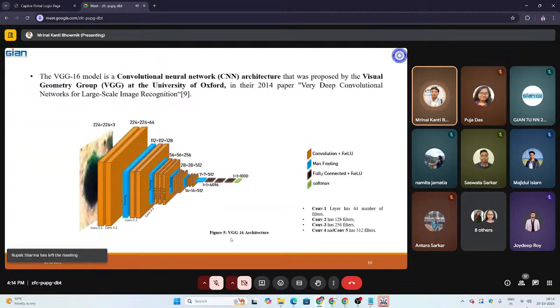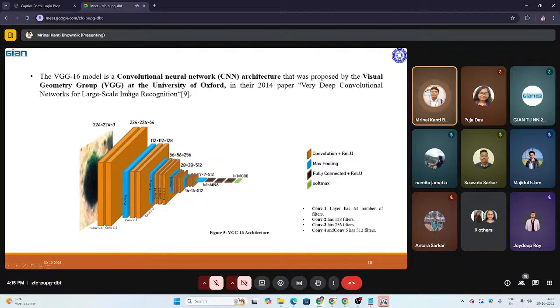Proceeding to my next slide, the VGG16 model is a convolutional neural network. Now we are going through the basics of VGG16. Who proposed it for the first time? It was proposed by the Visual Geometry Group, which is the full form of VGG. I've already mentioned the full form of VGG, that is Visual Geometry Group.